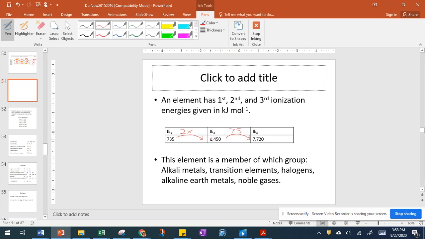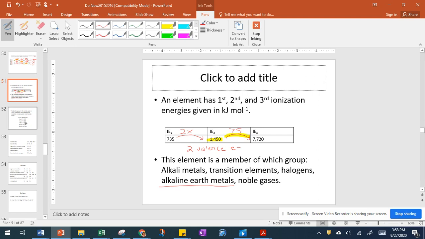So the largest jump is from the second to the third. This tells me that this element has 2 valence electrons. So again, I look where the largest jump is; the electron prior to that means it's 2 valence electrons. I know this has to be group 2, and therefore a member of the alkaline earth metals since it's in group 2.